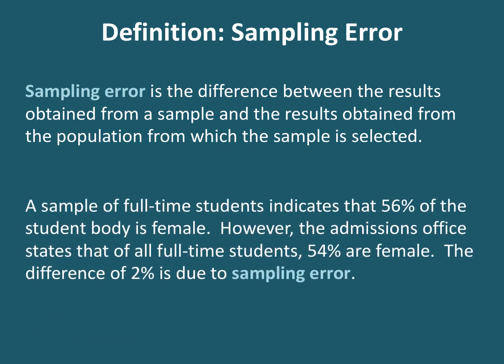For example, a sample of full-time students indicates that 56% of the student body is female. However, the admissions office, the people that actually store the actual data, states that of all full-time students, 54% are female as opposed to 56. So this would indicate a difference of 2% due to sampling error.